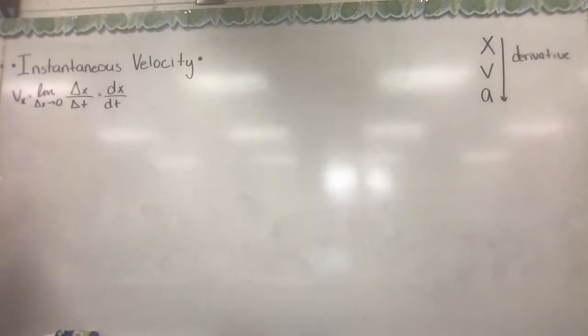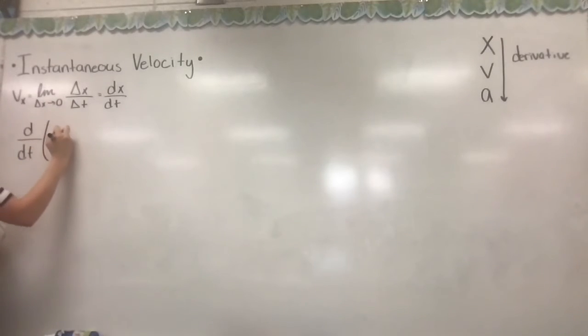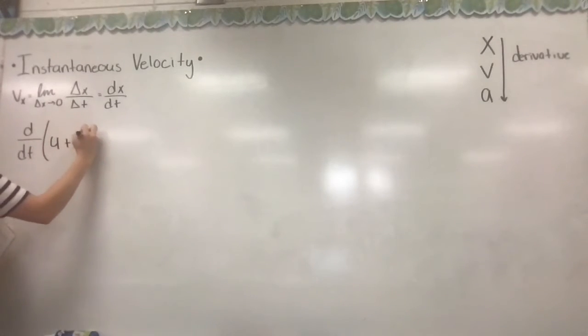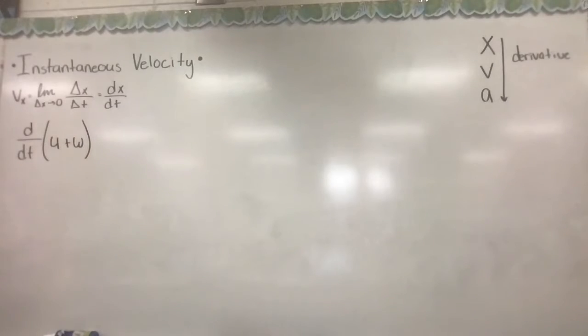Sometimes you're going to have stuff added together, and you'll have to take the derivative of two functions that are added together. So you might have to say d/dt, the derivative with respect to time, of u plus w. So it's like you're adding two functions together.